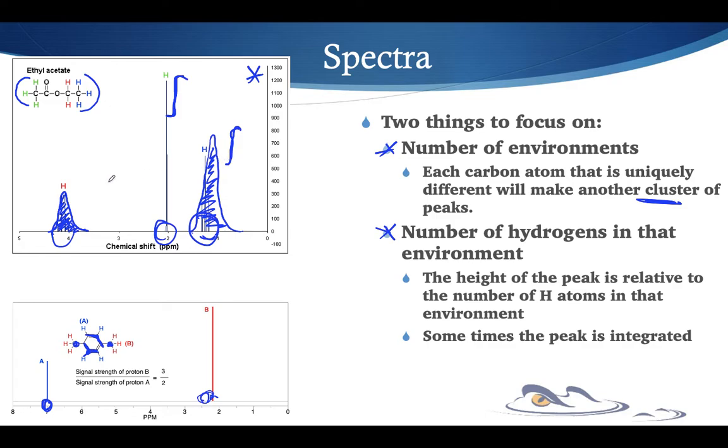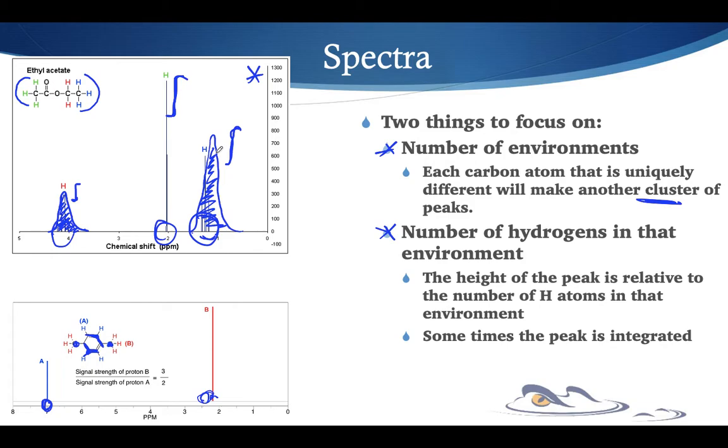And when they put the integral signs with these, I've seen sometimes where they make the physical size of the integral sign relative to the area under the curve, or relative to the number of hydrogens that's there. So like these ones here would be 3 times bigger than this one is. See there? So you would literally pull out a ruler and measure these things and see how big they are, and then compare their relative heights to each other.